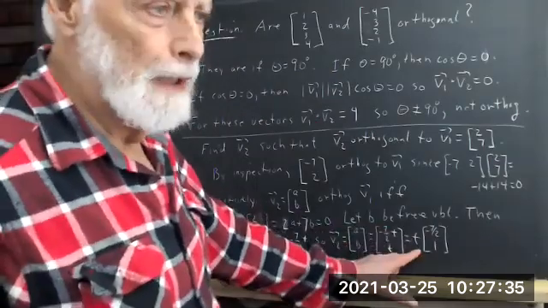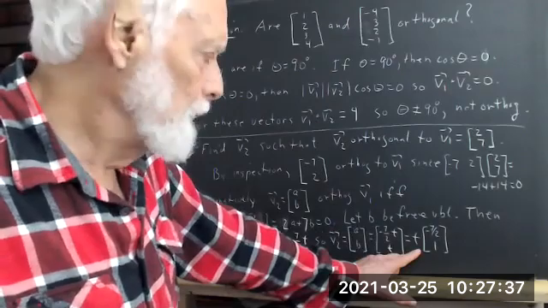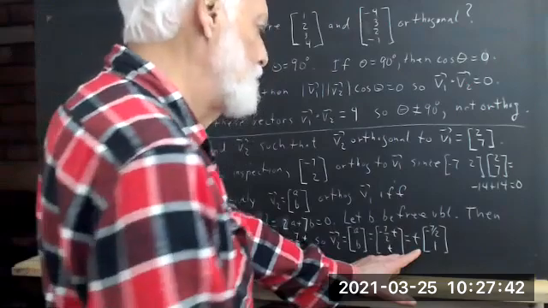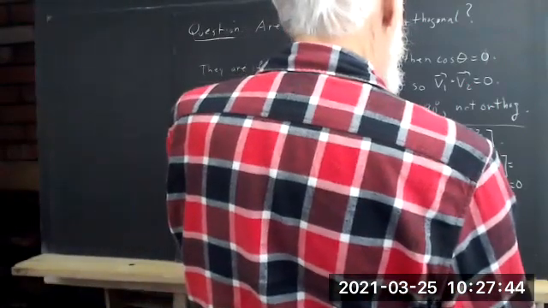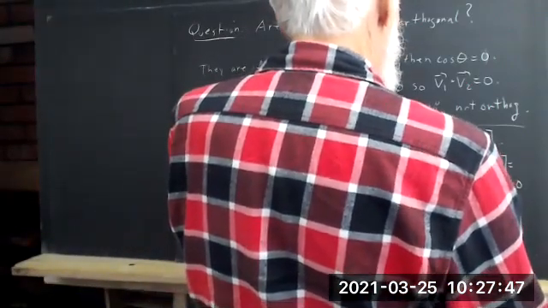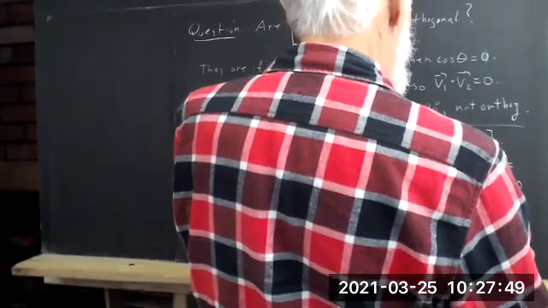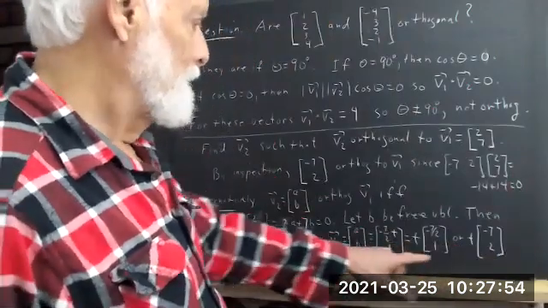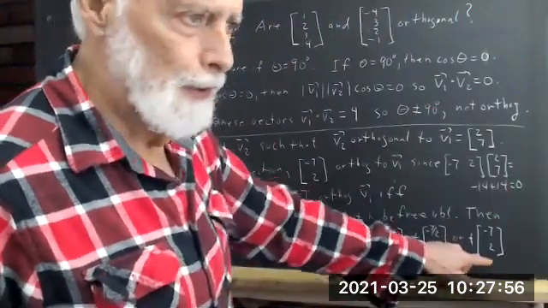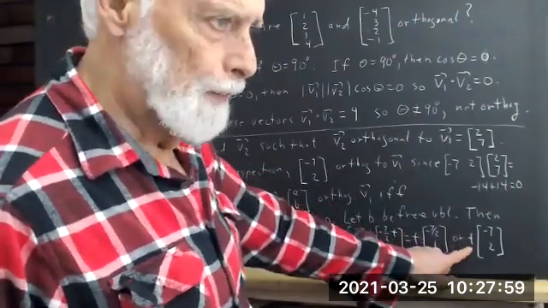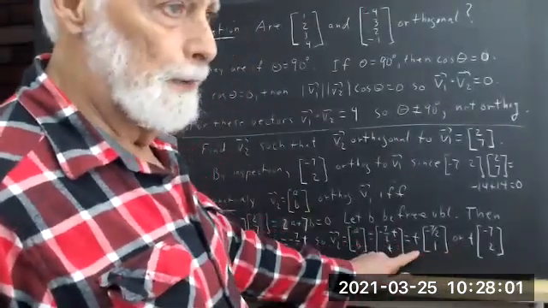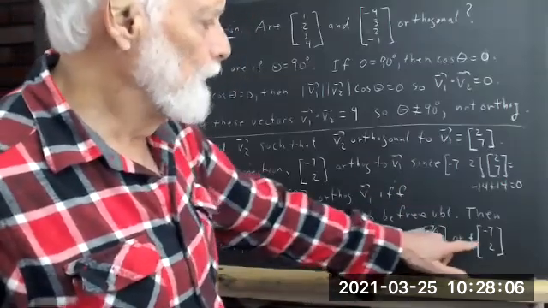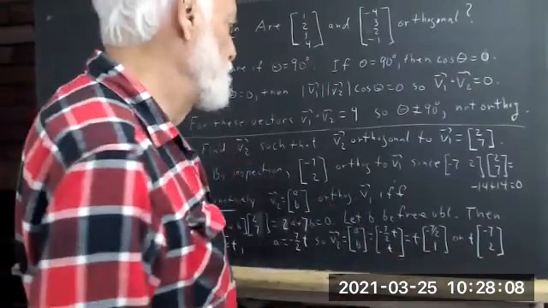Of course, T could be any number, and we could absorb into T a factor of 2, and we get exactly the same set of vectors if we express this as T times negative 7, 2. The T that you would use here would be half as great as the T that you would use here, but it doesn't matter since T can be any real number. So this is our general solution.